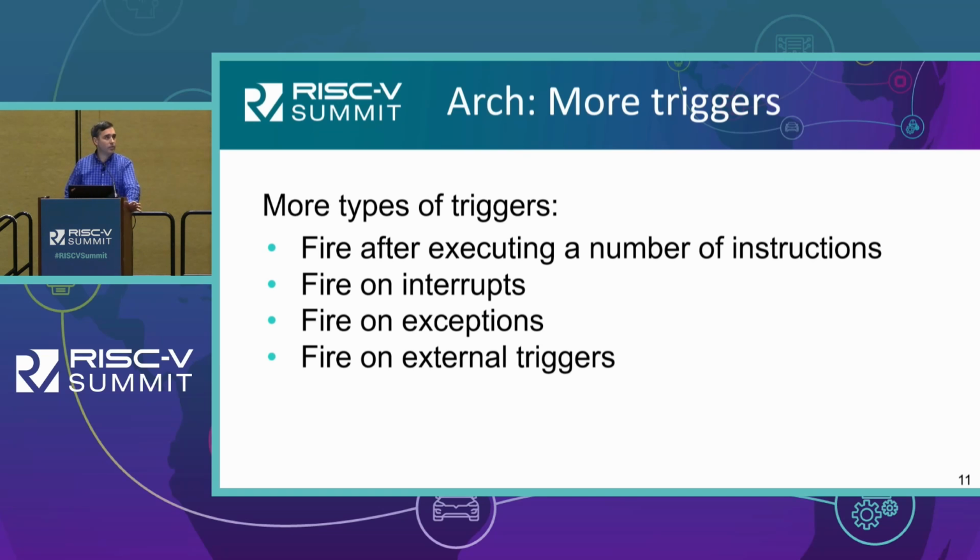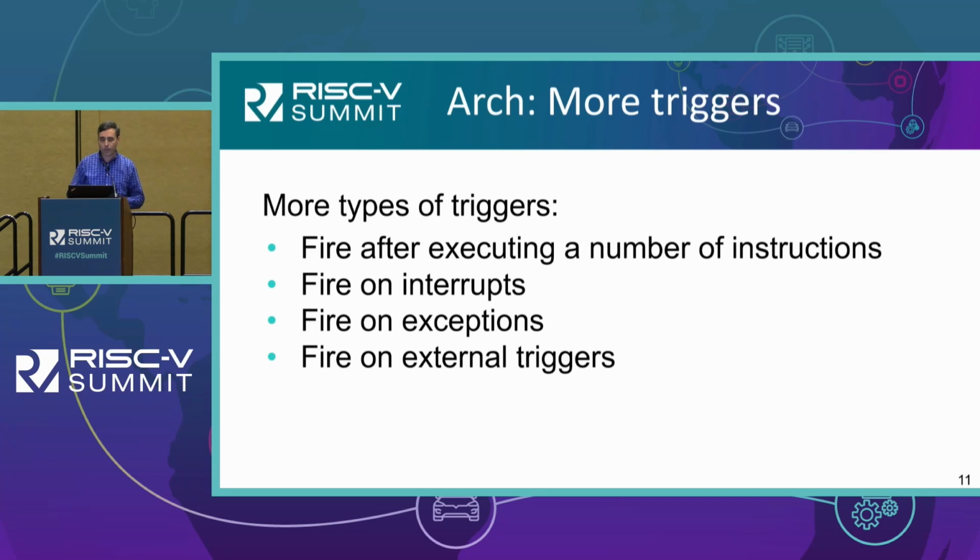We also have instruction count triggers. This is mostly useful for single stepping, if the number of instructions to execute is 1. And there's iTrigger that fires when you're trapping into an interrupt handler, and you can select which subset of interrupts fire this trigger. And there's eTrigger, which fires on exceptions.